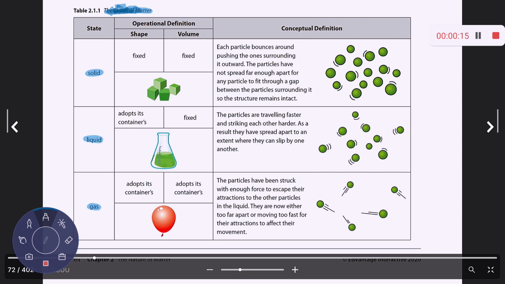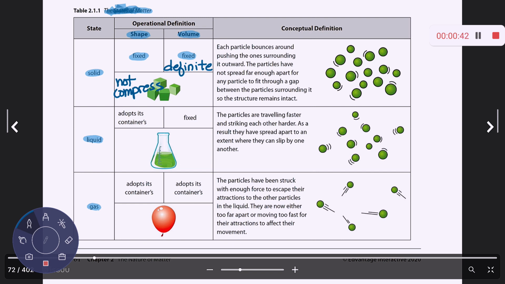In terms of their shape and their volume, solid has a fixed shape, okay? And it also has a fixed volume. You will sometimes see this referred to as a definite volume, okay? You cannot compress a solid because it's already as tightly packed as it could possibly be.